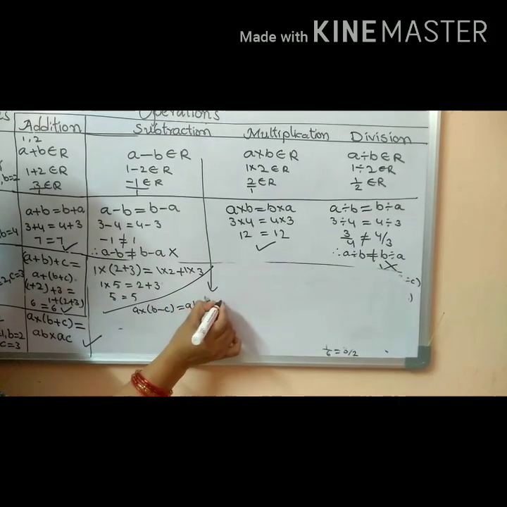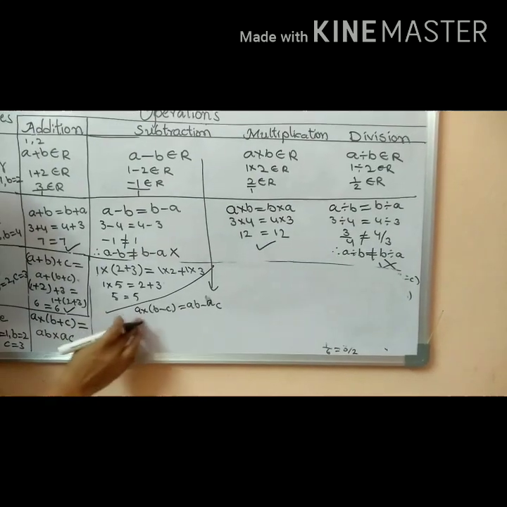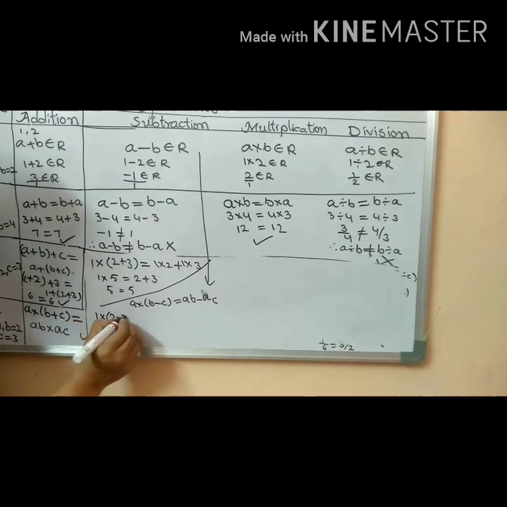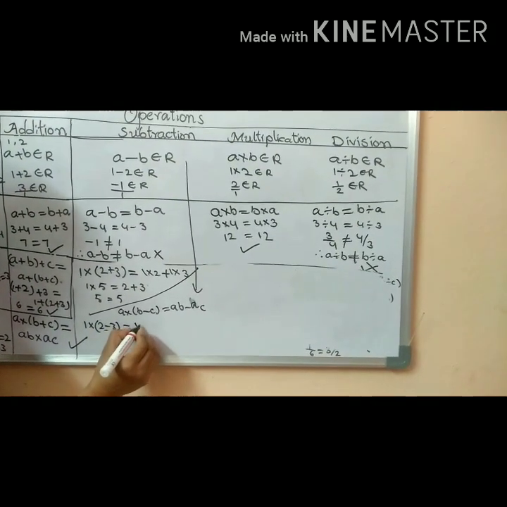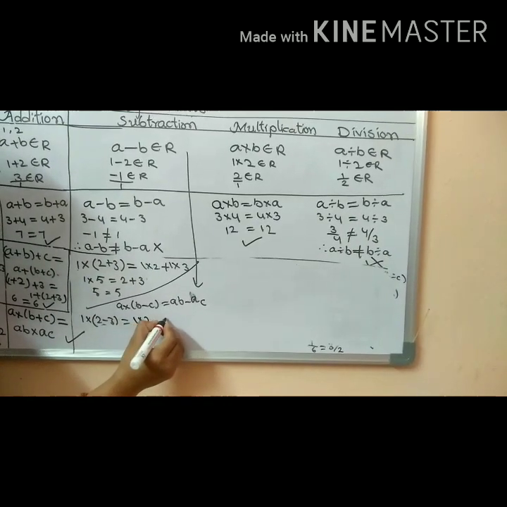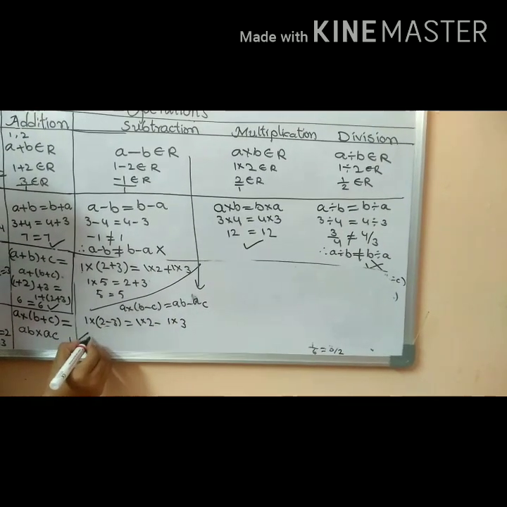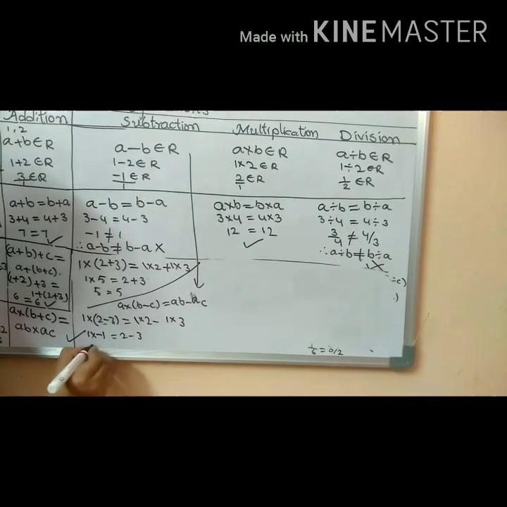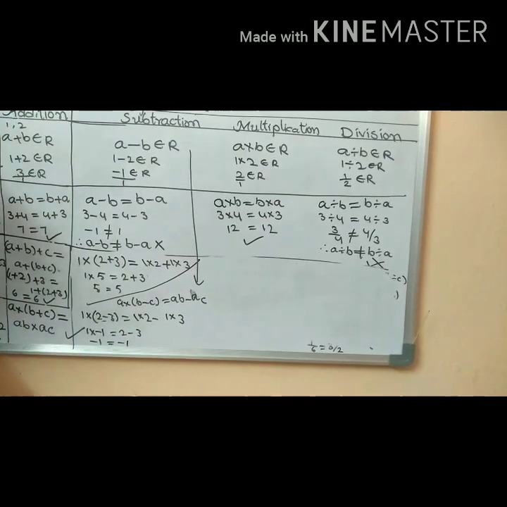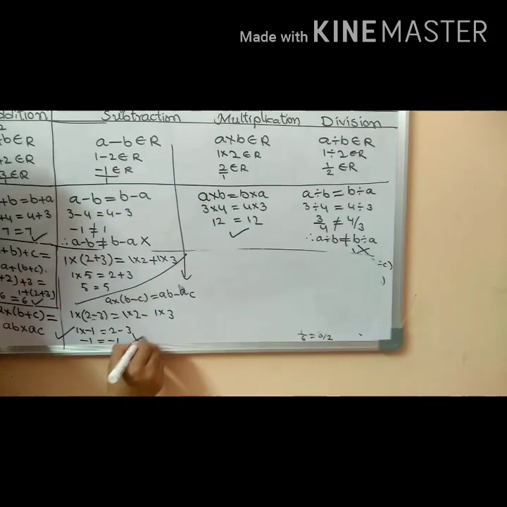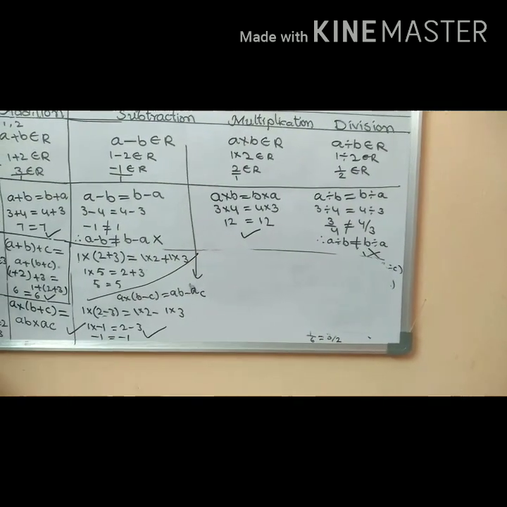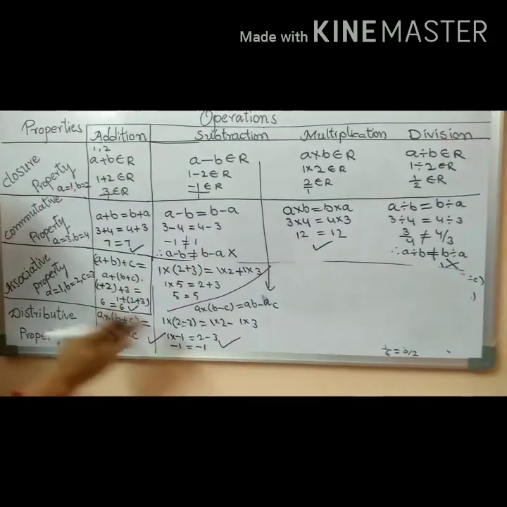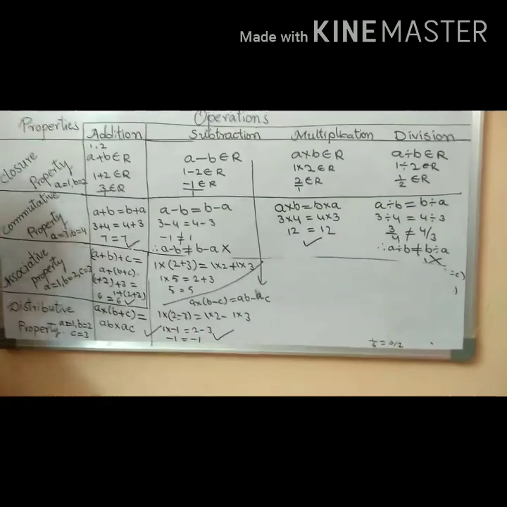Observe: 1 into 2 minus 3 equals 1 into 2 minus 1 into 3. So here minus 1 equals minus 1. So in subtraction it is also possible, both values are equal. So under subtraction the distributive property is possible. Addition is possible and subtraction is possible.